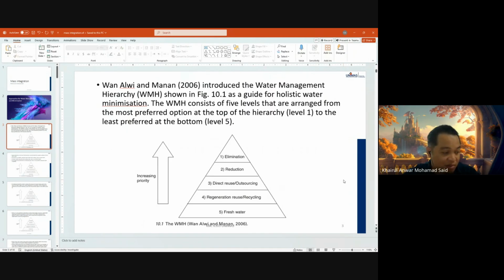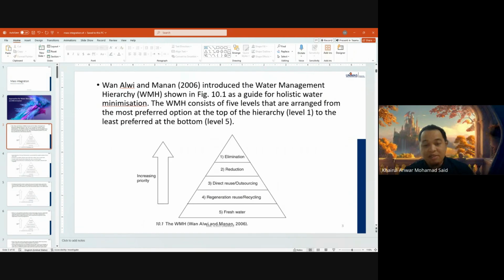No need to regenerate. So once you do the comparison, you see, hey, regeneration is better. By doing regeneration, we reduce the wastewater discharge fee, and you can reduce the amount of fresh water that you need to buy since you are reusing the water back.